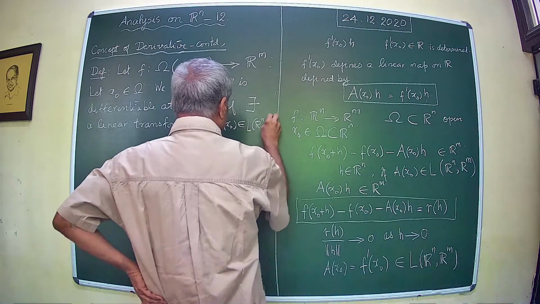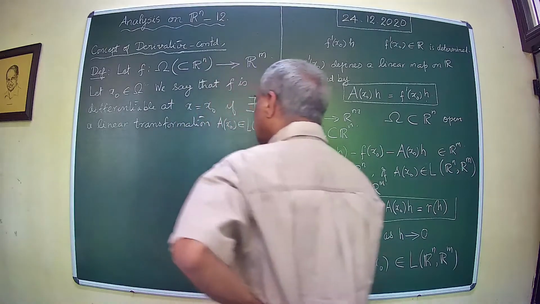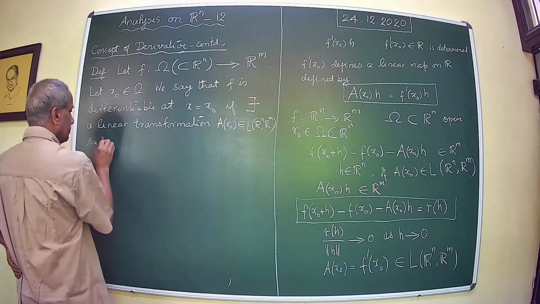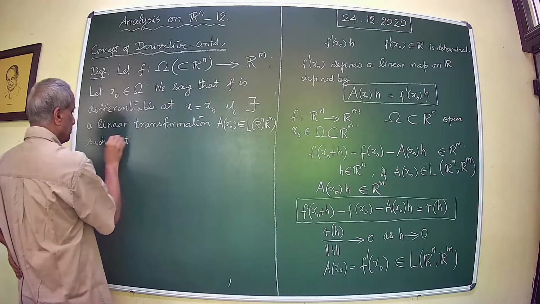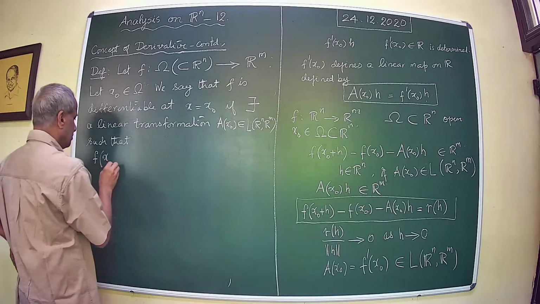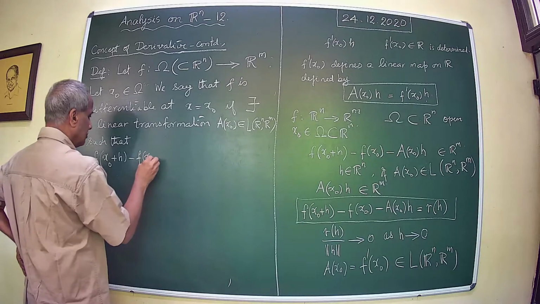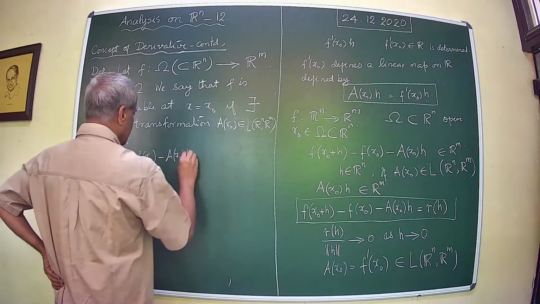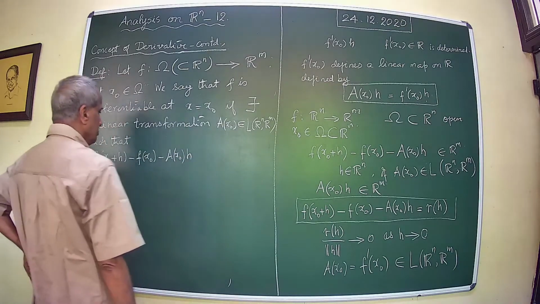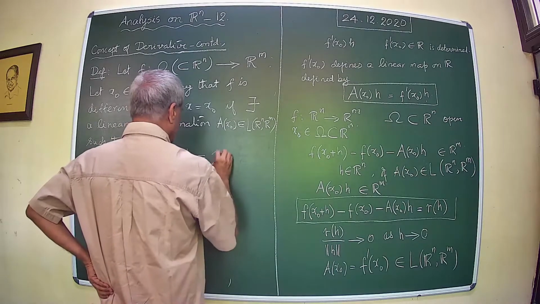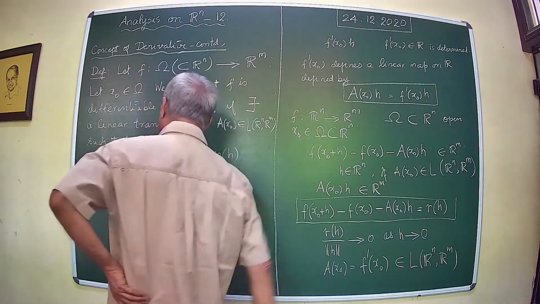such that f of x naught plus h minus f of x naught minus A h equal to R of h.